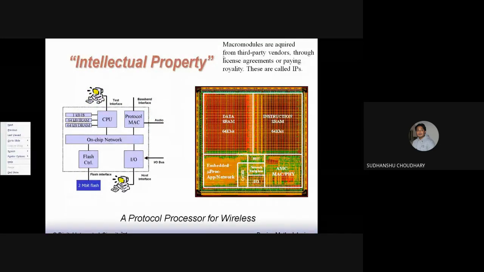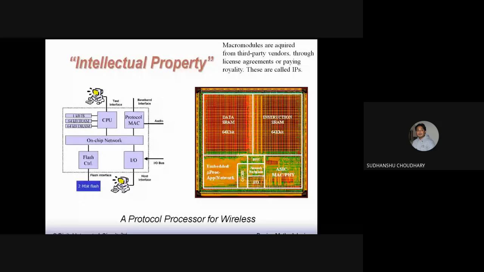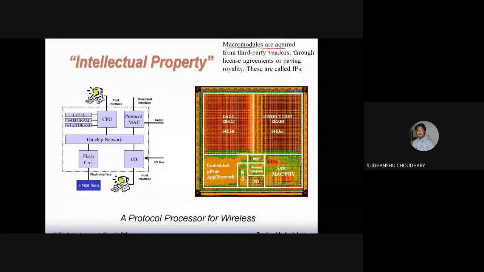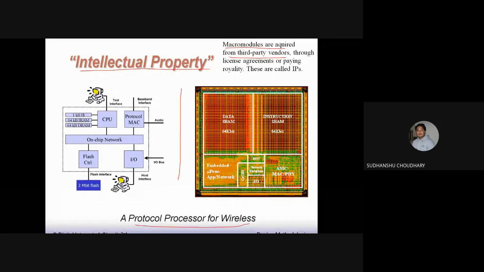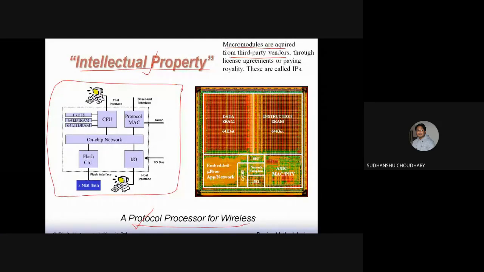Now, this macro module can also be acquired from third-party vendors as intellectual property, right? Some third-party vendor may, for example, design a protocol processor for wireless, and that design can be sold as intellectual property by that company to other companies, and those companies can utilize this wireless protocol processor to implement other functionalities or other systems.